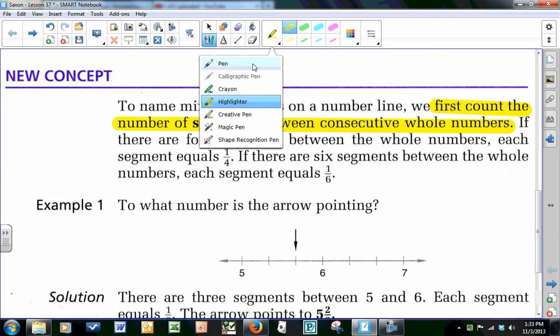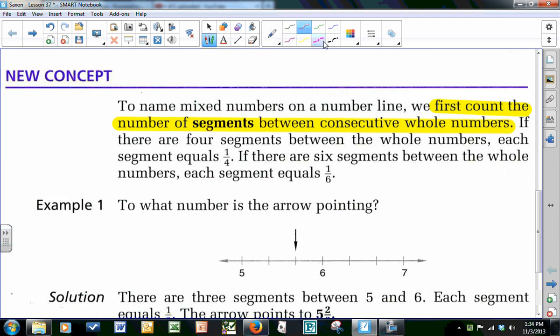So let's pause and think for a minute. Here's a whole number, here's a whole number, there's a whole number, and they're consecutive because they're in order, 5, 6, 7. They're one right after the other. And we're going to count the number of segments we have.